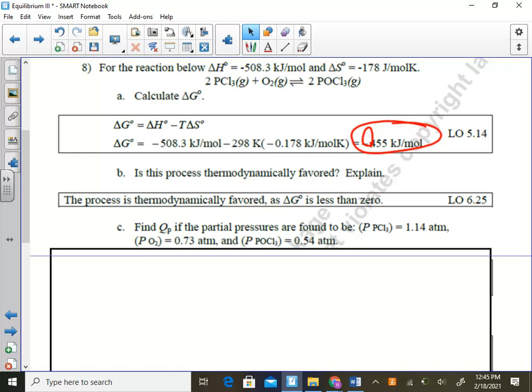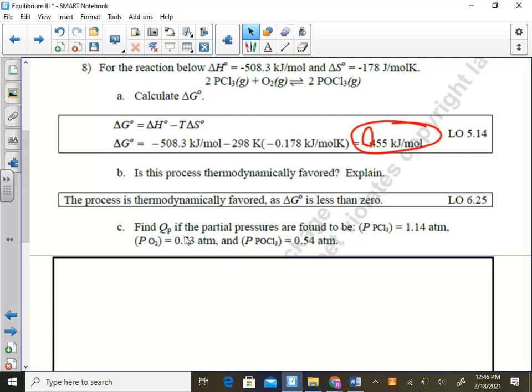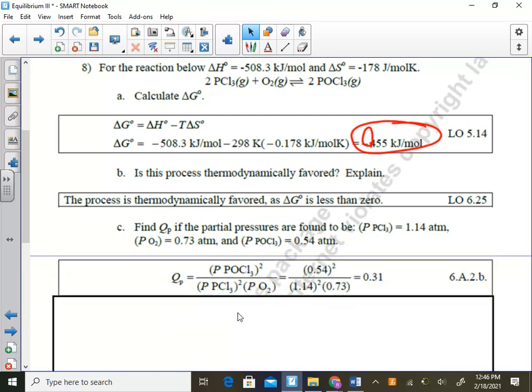Step 1 is to write our equilibrium expression, or our Q expression. Looking at our reaction, we write the pressure of the product, POCl3 squared, over the pressure of PCl3 squared, and then our oxygen is just the pressure of oxygen.